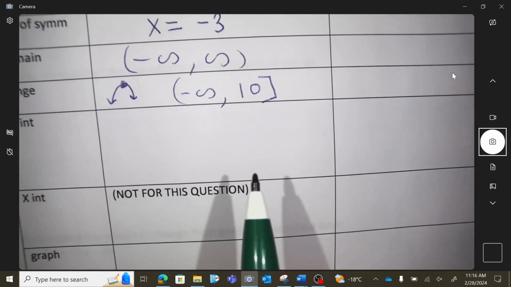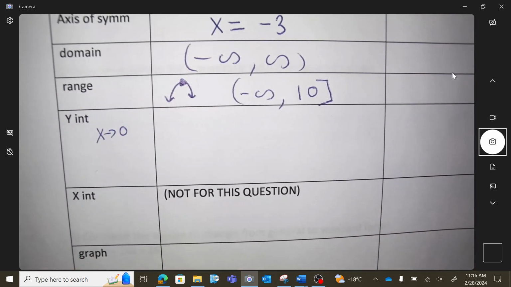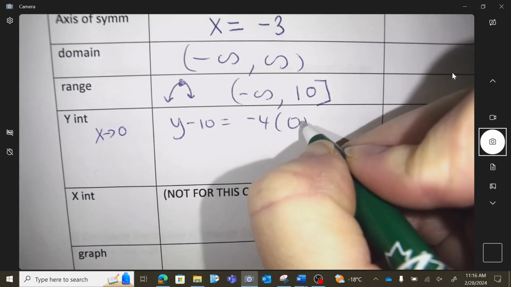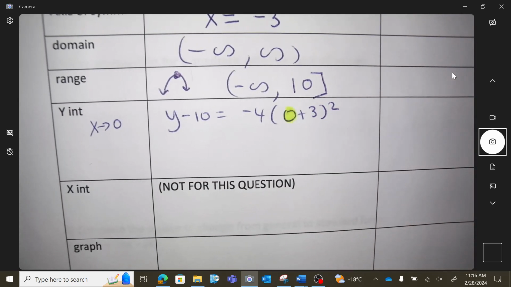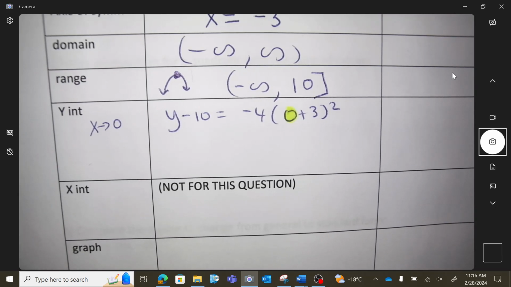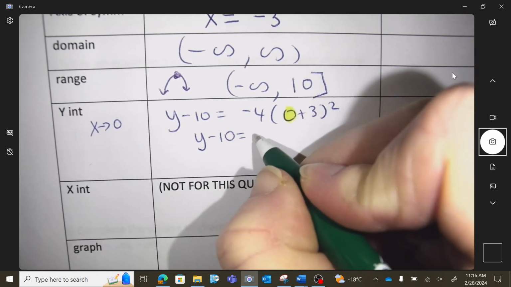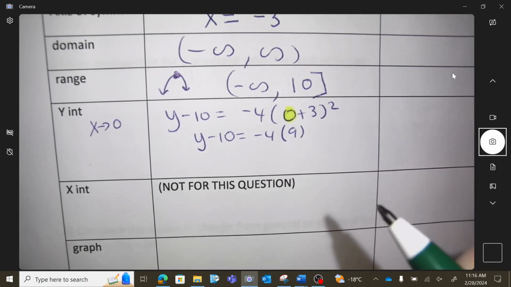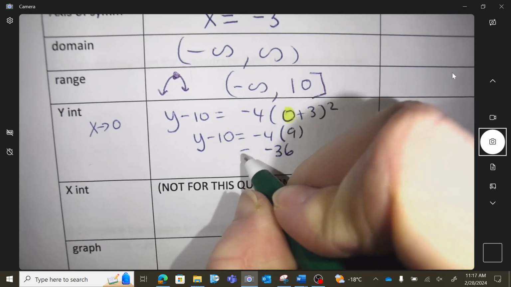Y-intercept, well, what does a y-intercept mean for us to do? Put the x to a 0. Make x 0, and then you're going to have to do some work. So 0 plus 3 is 3. 3 squared is 9. Then it would get times by -4. So that's a -36.